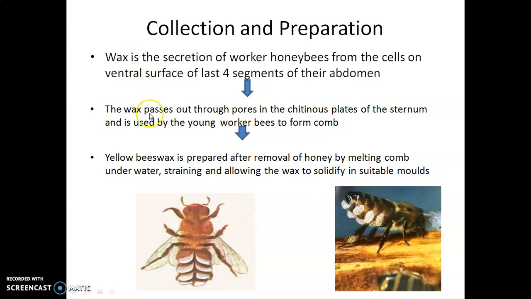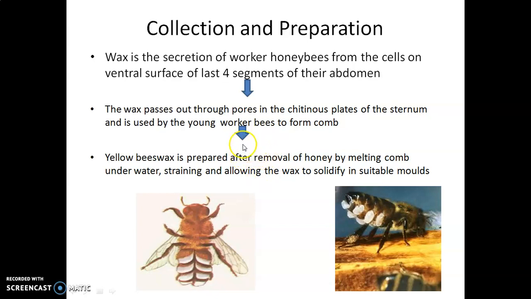The wax passes out through pores in the chitinous plates of the sternum and is used particularly by the young worker bees to form the comb.